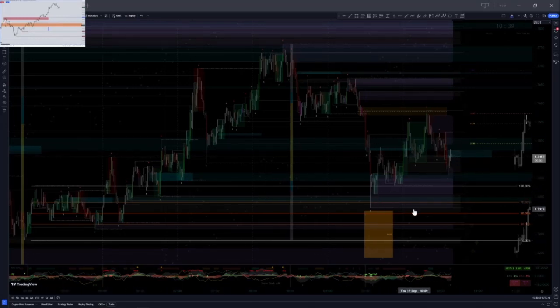If it only touches the 70 without touching the 50, and it does this, the reason is it will induce people to go long above this wick, so they can put their stop loss here, or even here. That's why my entry zone is below the low.